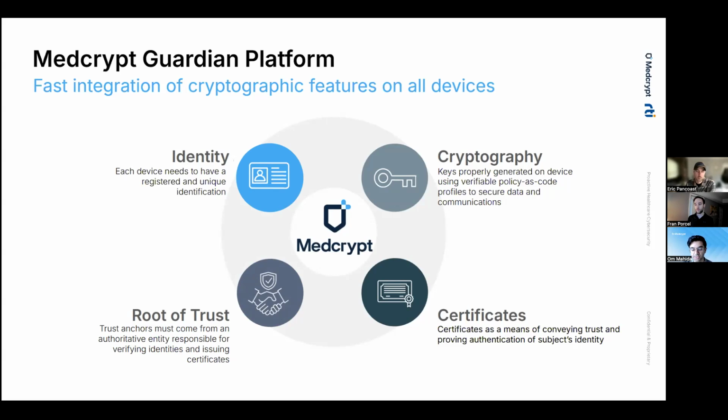We basically have profiles and policies where you can configure what type of key algorithms and key types you want to use, instead of having to update your source code. All of that is configurable from our system, making it really easy to deploy and follow best practices.